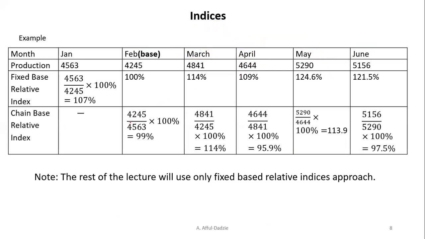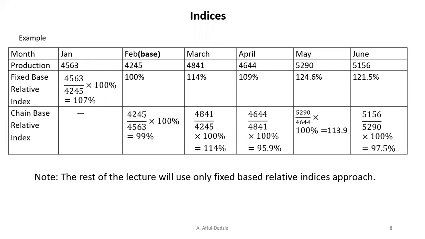So if you come here, you notice that we are unable to compute the index number for the period January. The reason being that we do not have data from the previous period, possibly December from the previous year. So we can't compute the index number for January. However, when we get to February, then February becomes the new period of interest, and January becomes our base period.